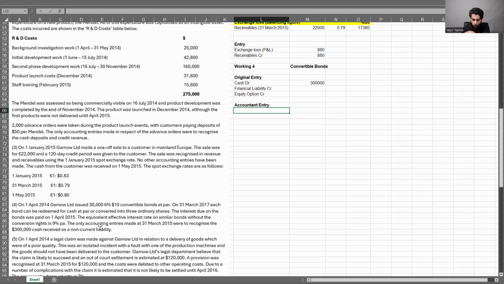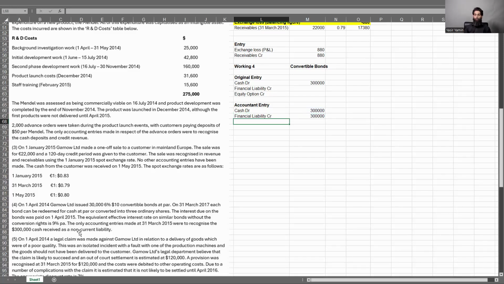The only accounting entries made at 31st March 2015 were to recognize the $300,000 cash received as a non-current liability. Your examiner has made the accounting entry cash debit 300,000 and financial liability credit 300,000. Is this correct accounting?